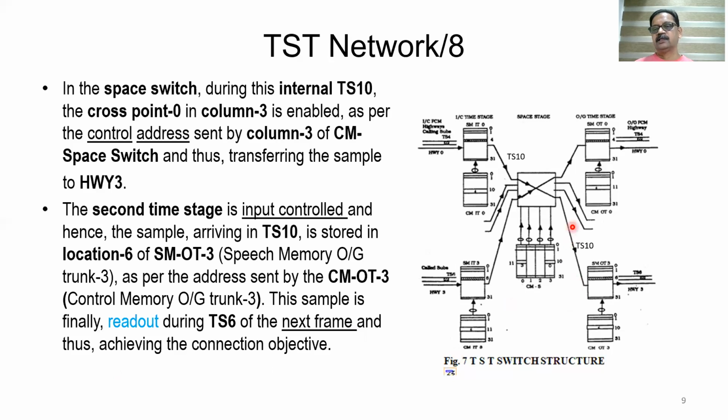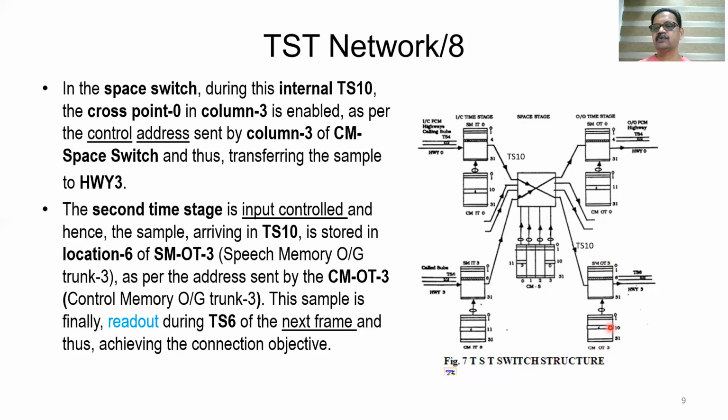So for this time switch, the speech is coming on highway 3 time slot 10. Our objective is to send the information on outgoing trunk 3 time slot 6. So here it is input control. This stage, the output stage, we assumed as input control.